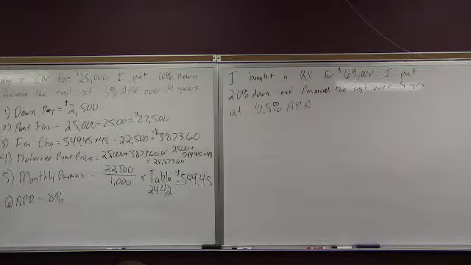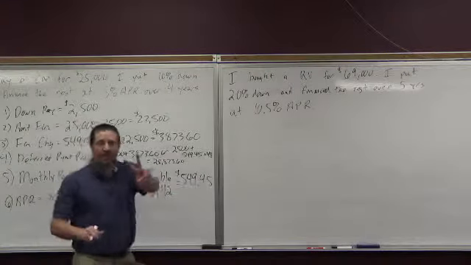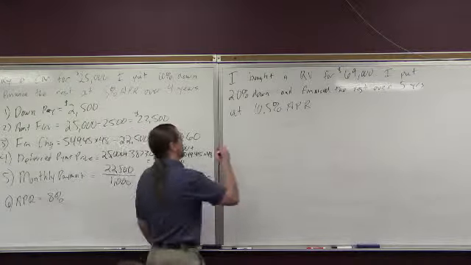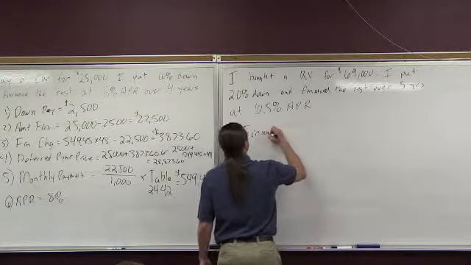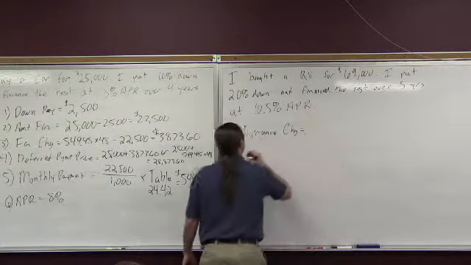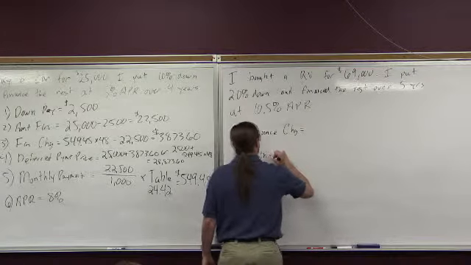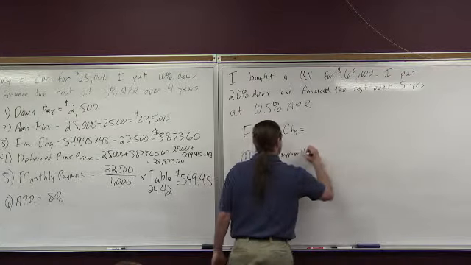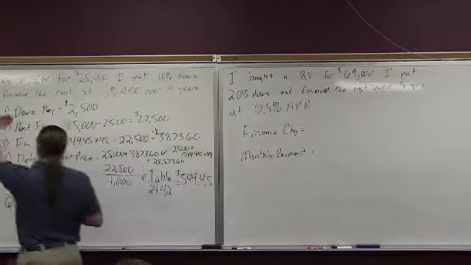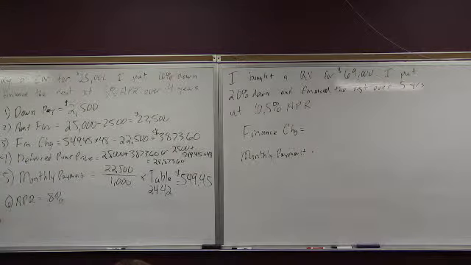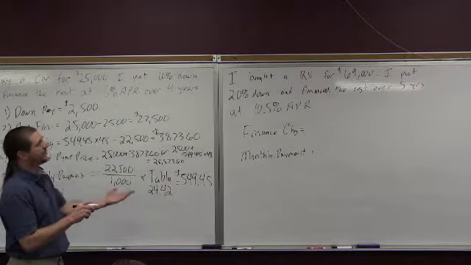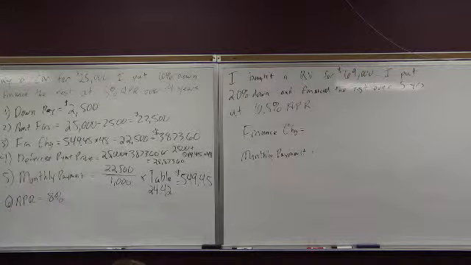Alright, so I only want 2 things on this particular problem this time. I want to know what's my finance charge and what's my monthly payment. I have the right to ask you for any of these 6 different things, but I don't have to ask you for them. I can only ask for 1 or 2 or 3 of those things as I see fit. So for this particular problem, I don't care, just give me those 2.